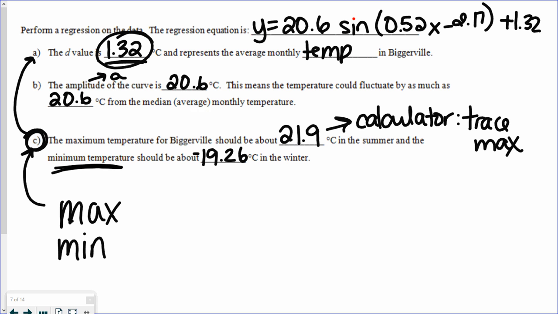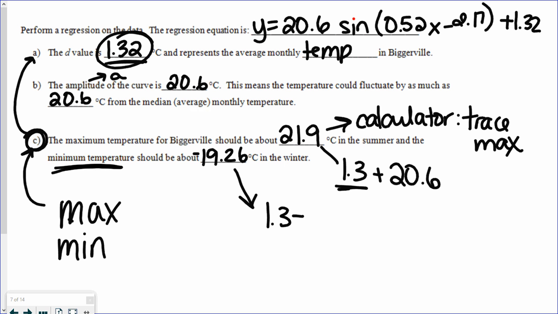So that's 1.3, your median line, plus your amplitude, and 1.3 plus or subtract 20.6. My median line plus my amplitude will give me my maximum. My median line subtract my amplitude will give me my minimum.